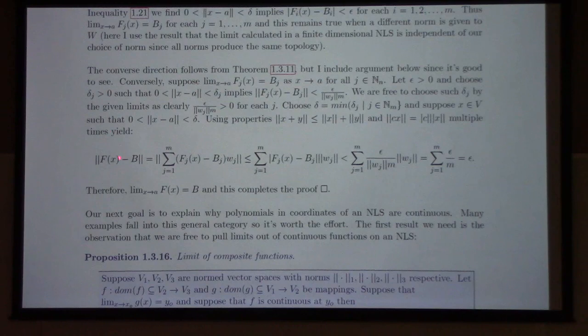The second part, this direction, I don't need to do any kind of funny norm changing stuff. And maybe there's a way to do the first part without norm changing if I was a more skilled analyst. It wouldn't be hard.